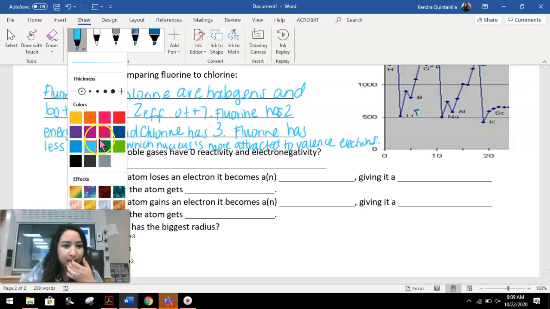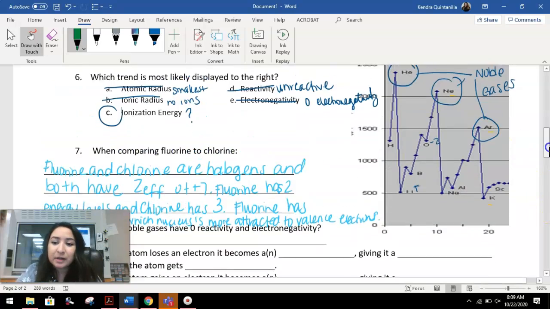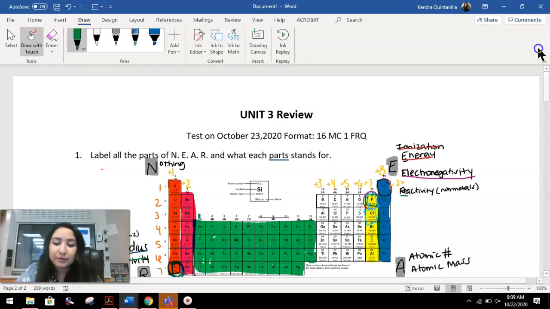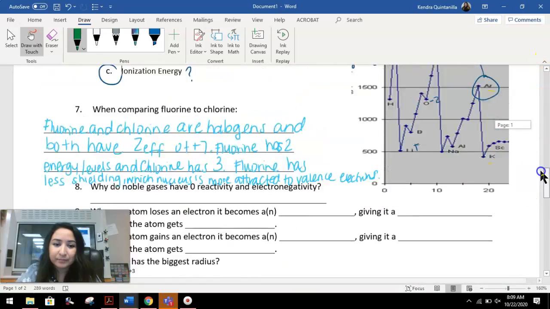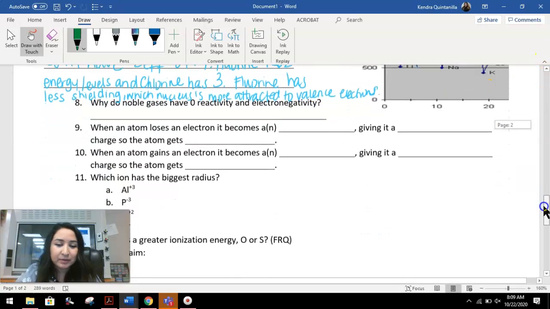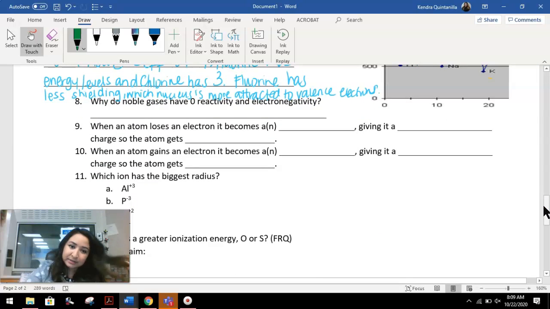Let's use green. So your noble gases, those are the ones on the very last column of your periodic table. If you notice, I colored them here in blue. So all the noble gases are on column 8. And why do they have 0 reactivity and electronegativity?